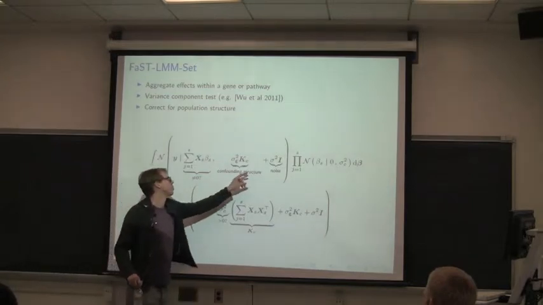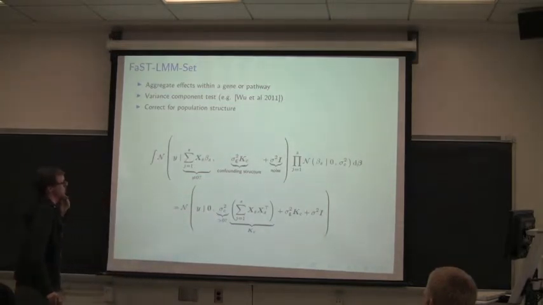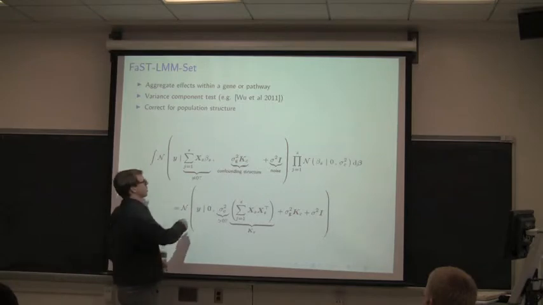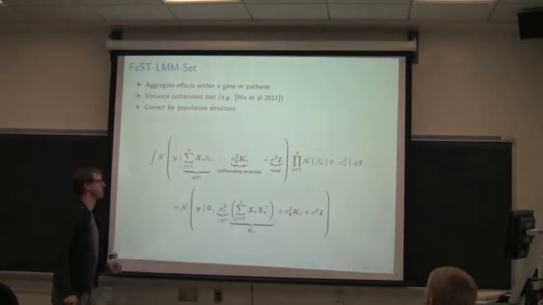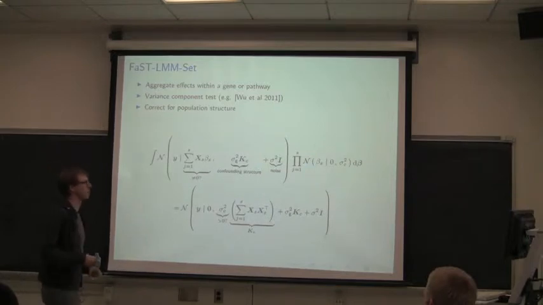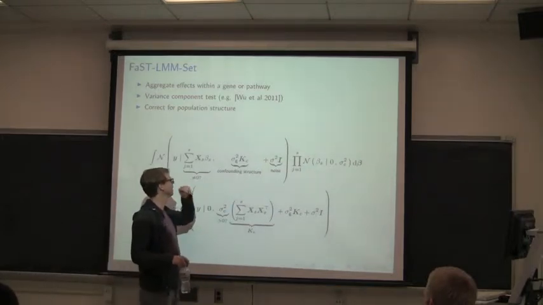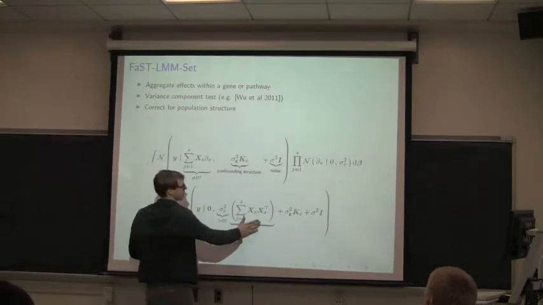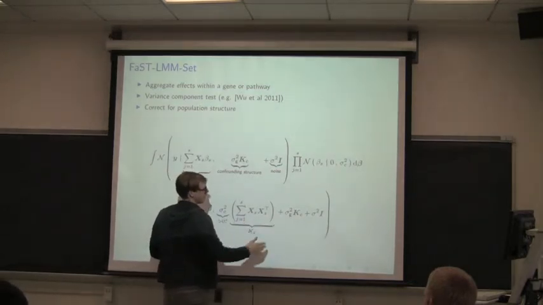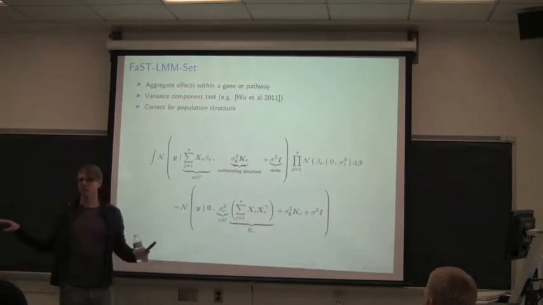So what you want is to still have some sort of population structure in here. And the way to do this is by including a second kinship matrix, which now represents the population structure in the model. So you have here the set of SNPs that you're testing, and here, for example, all the other SNPs.